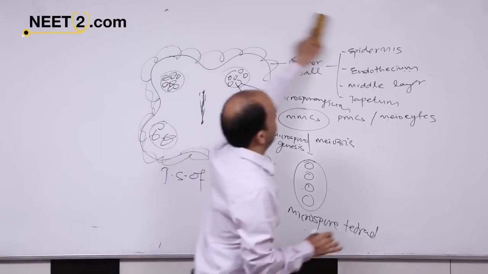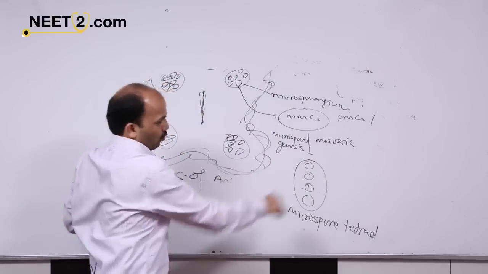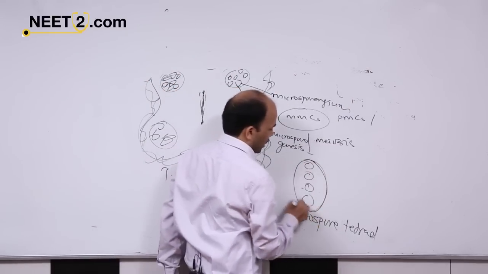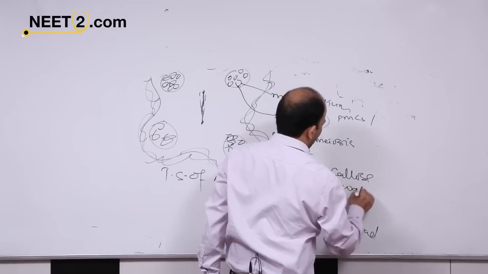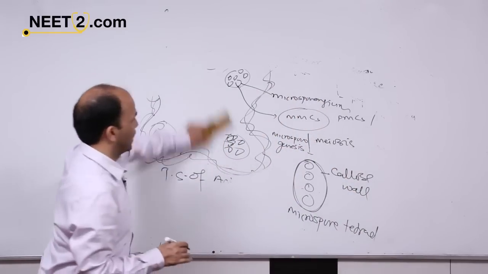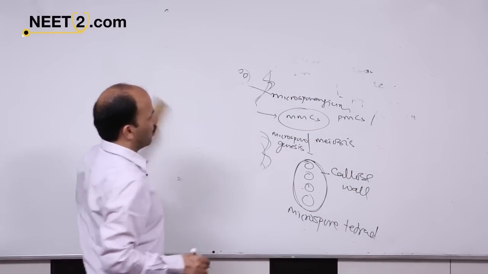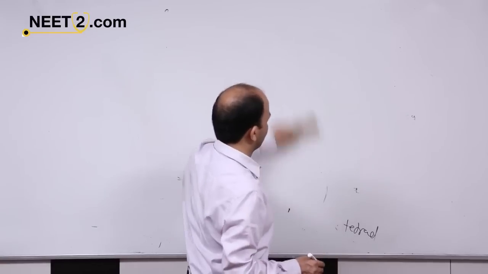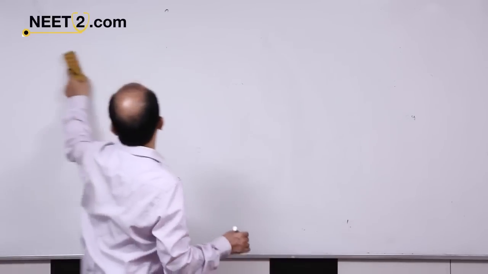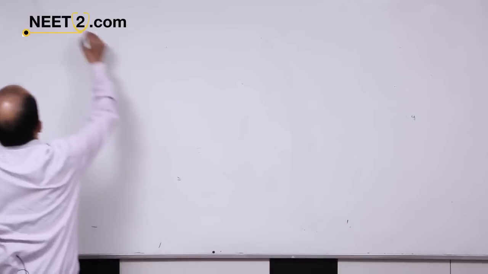Now these microspores, this common wall of the tetrad is made up of callose. The callose wall will be broken by the callase enzyme, and all the microspores will be separated from each other. When all the microspores are separated from each other, they can be said to be pollen grains.